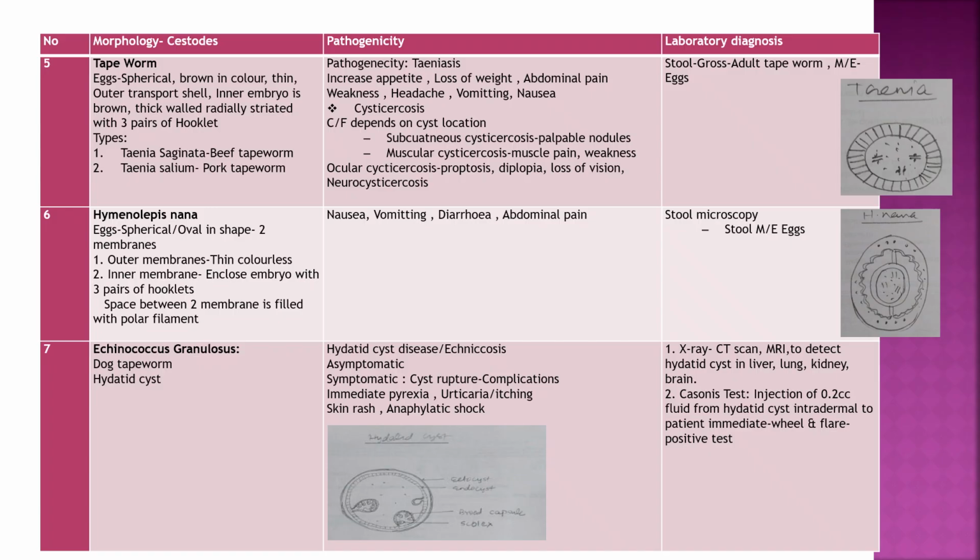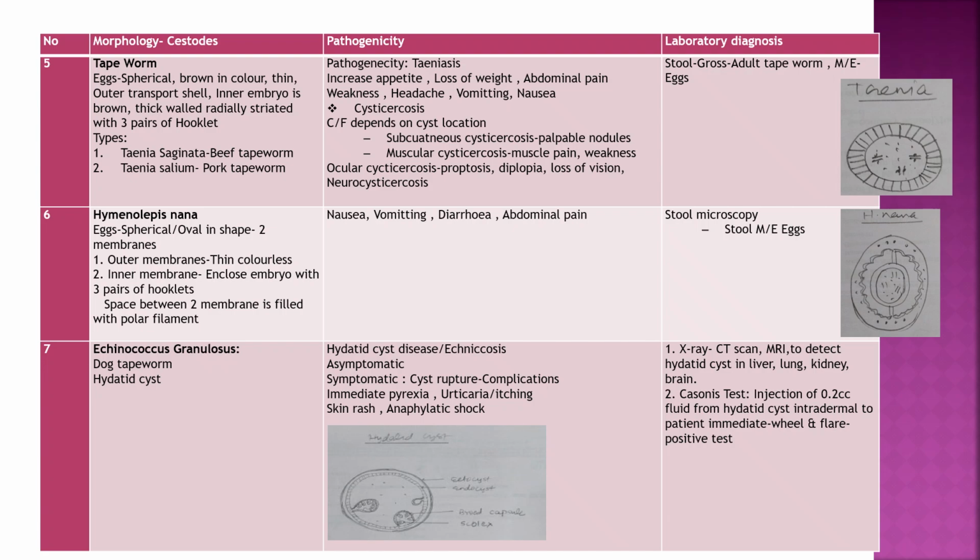Hymenolepis nana: egg spherical to oval in shape, two membranes, outer membrane and inner membrane, and three pairs of hooklets, and polar filaments are there. Pathogenicity: GI symptoms, nausea, vomiting, diarrhea, abdominal pain. Lab diagnosis: stool microscopic examination, H. nana, non-bile stained egg. Echinococcus granulosus, dog tapeworm, hydatid cyst.